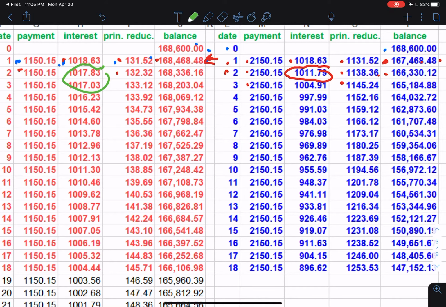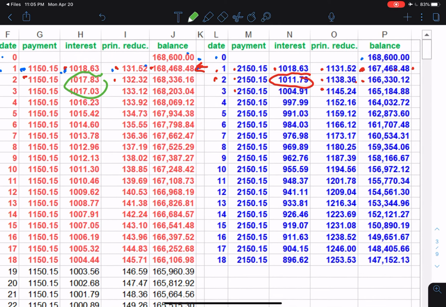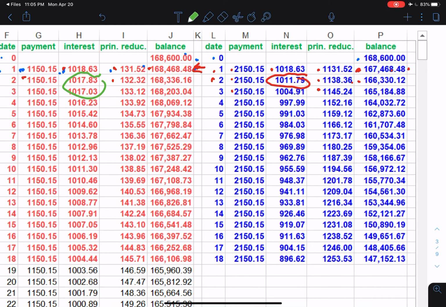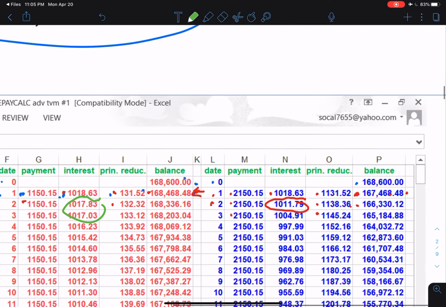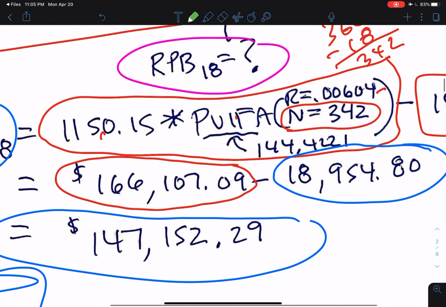And that benefit carries down. And so you can see that the remaining principal balance, if we had not made any payments, was 166,107, same as we saw up here. Right there, okay?